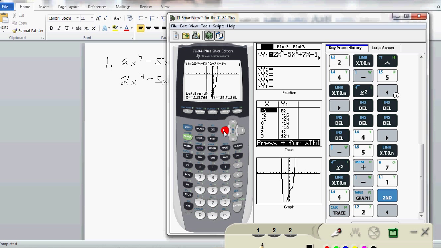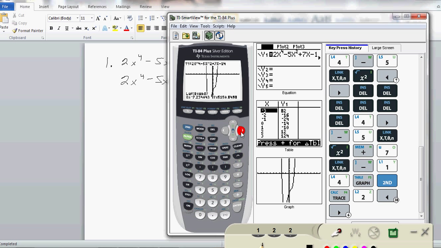I need to get to the left of the first one. I think I'm too far. Sometimes that happens.